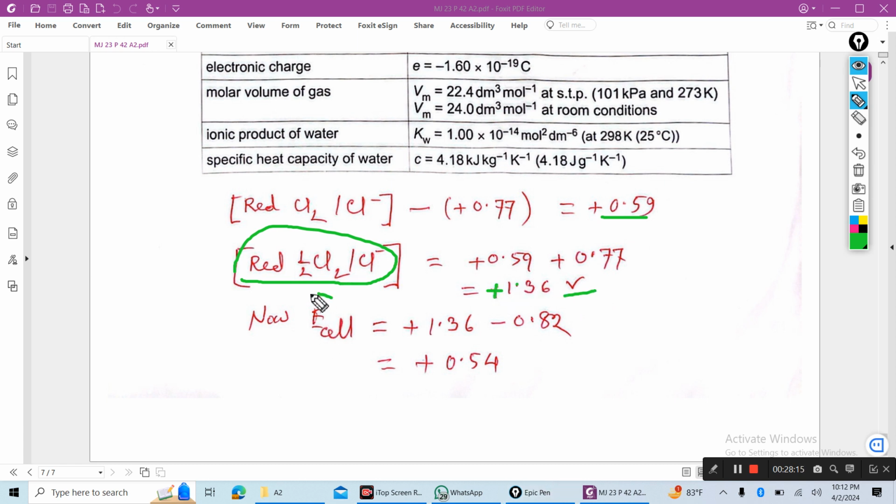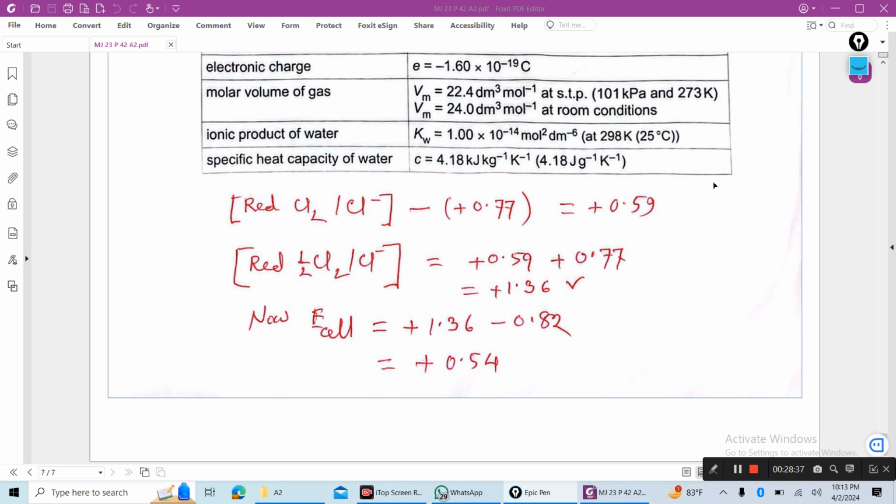Now E cell will be the chlorine half cell, the reduction half cell, minus the oxidation half cell, iron. So you get plus 0.54 volt. This is the answer. Thank you, dear students.